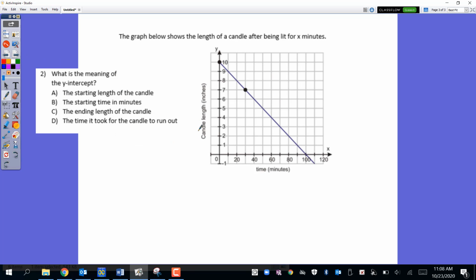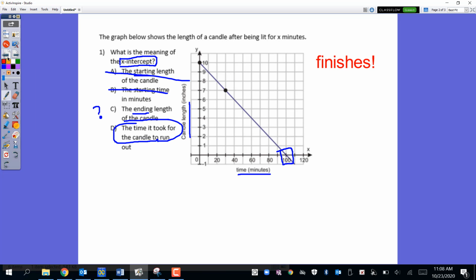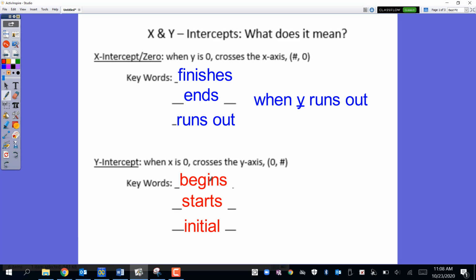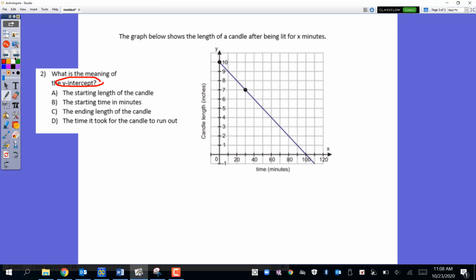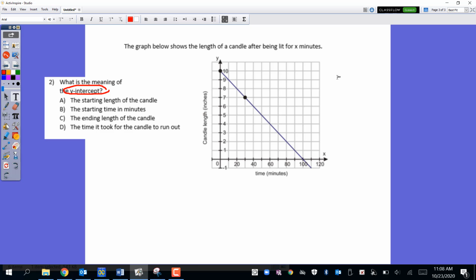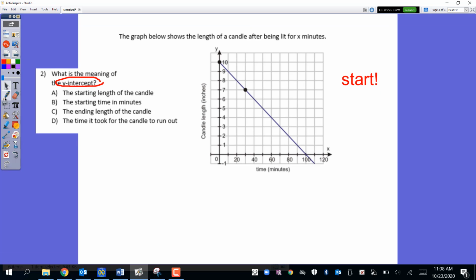Number 2, same picture. What is the meaning of the y-intercept this time? If I look back at my keywords, y-intercept was the beginning, the starting, the initial. So over on my question, I'm going to put the start. Well, starting of what? The start of the candle length.